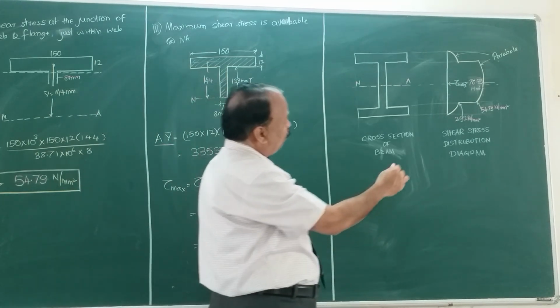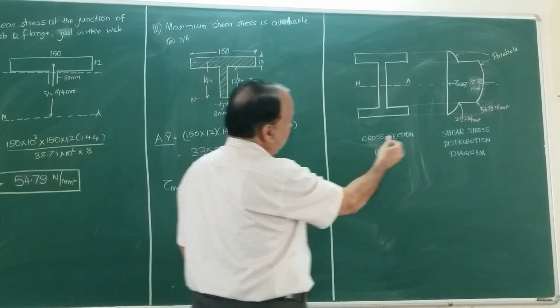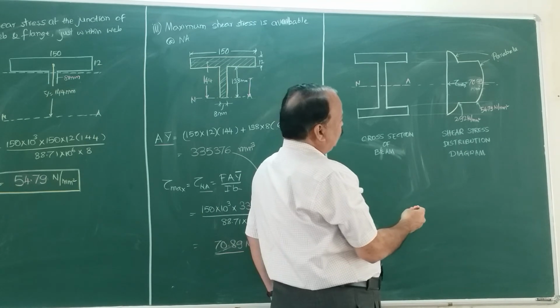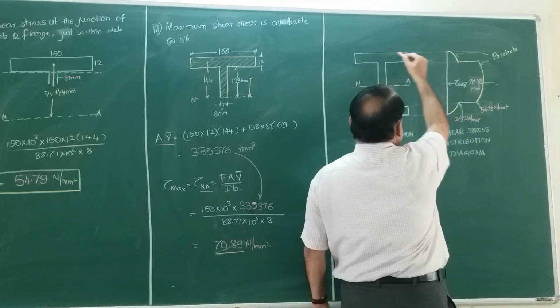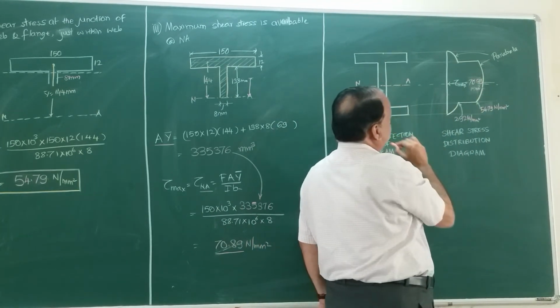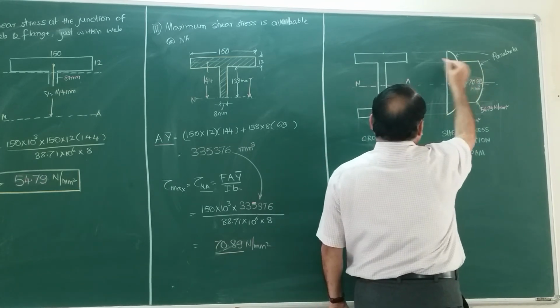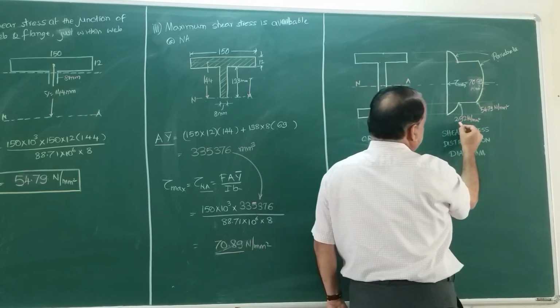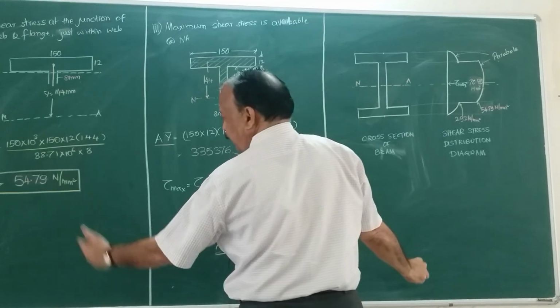So after calculating all the stresses, we have to draw the shear stress distribution diagram. You can see at the top and bottom shear stress is 0, and at this junction just within the flange the shear stress is 2.92 as calculated here.